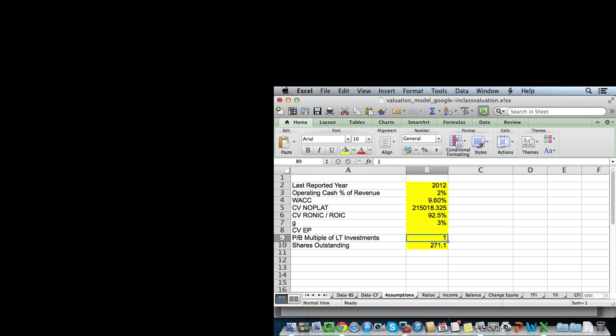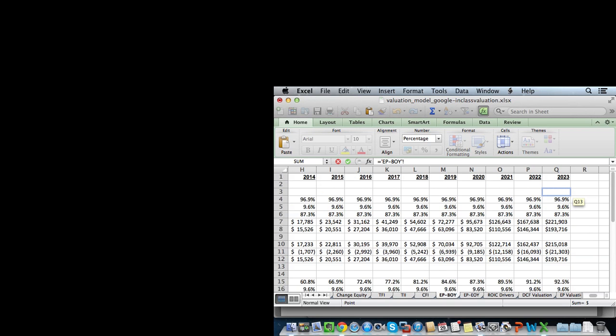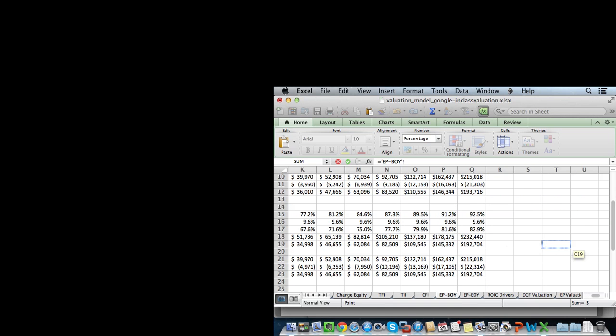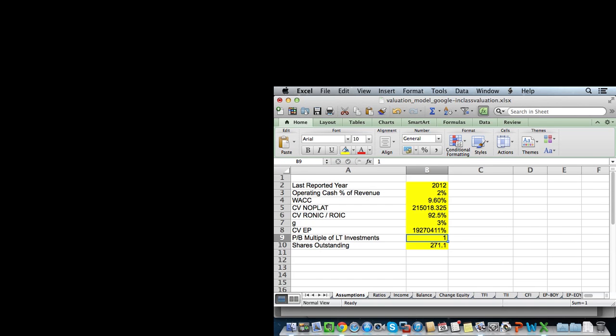So what that is my T plus 1, so 2023 economic profit, from the EPBOY tab, 2023 economic profit after goodwill, so Q23. And instead of a percentage, it's a dollar amount. All right. Just so all the variables are on the assumptions tab.